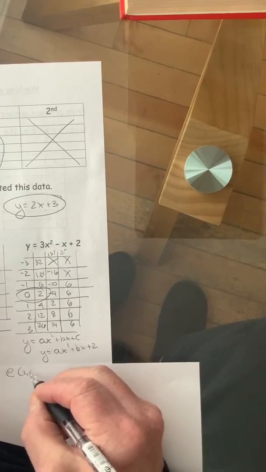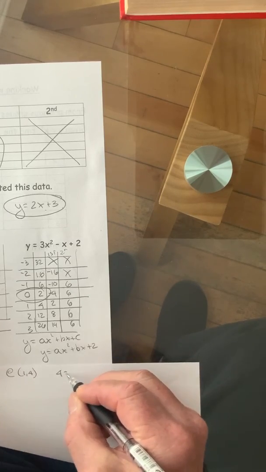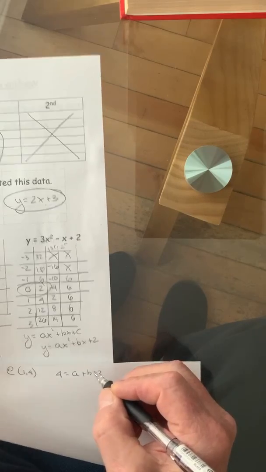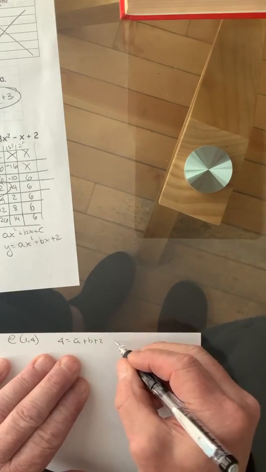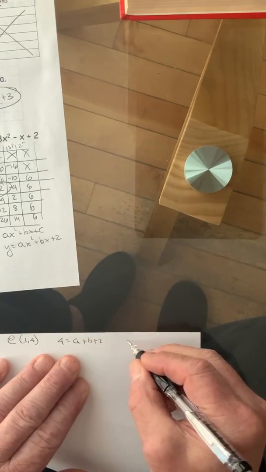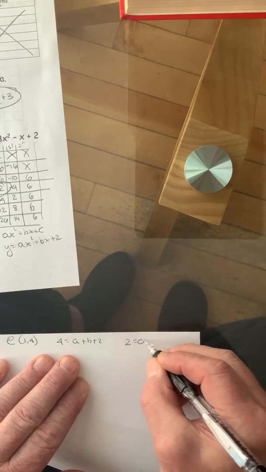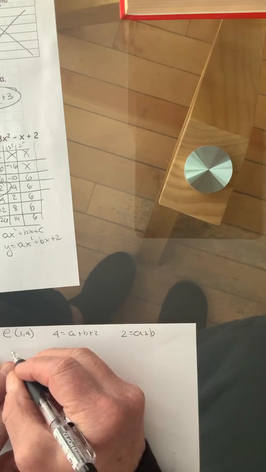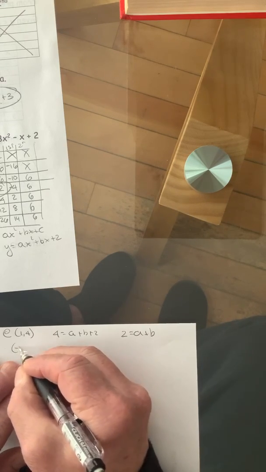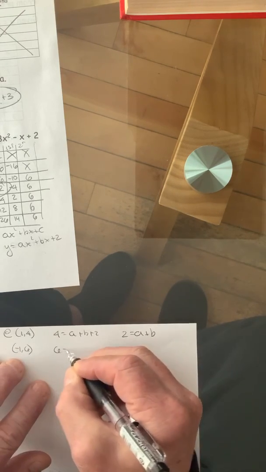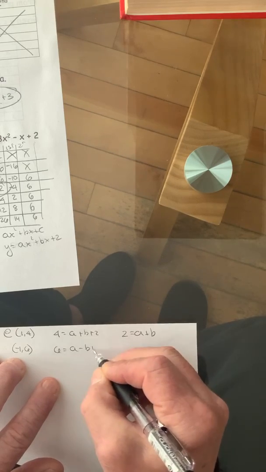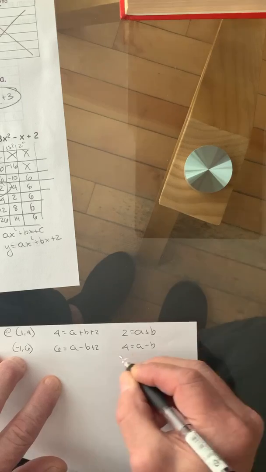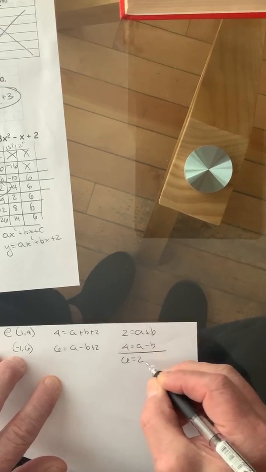At 1, 4, 4 equals a plus b plus 2, which is going to give me 2 equals a plus b. Add another set of data, -1, 6. 6 equals a minus b plus 2. 4 equals a minus b. 6 equals 2a.